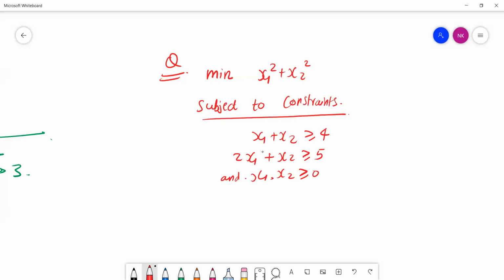So these are your constraints. This is your objective function. And these are all your constraints.